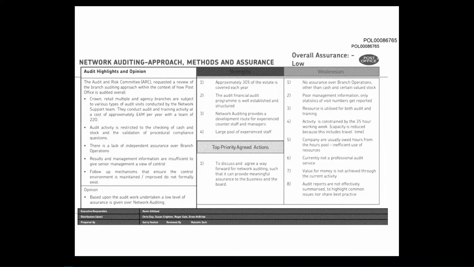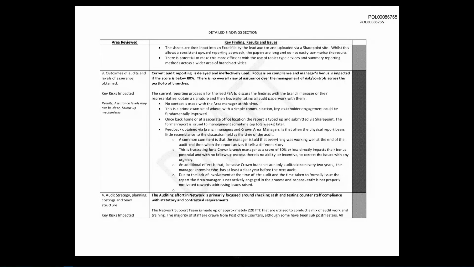If we go to page 3, please, on the bottom of page 3, that addresses number 4. It says there, the auditing effort in network is primarily focused around checking cash and testing counter-staff compliance with statutory and contractual requirements. The network support team is made up of approximately 220 FTE that are utilised to conduct a mix of audit work and training.